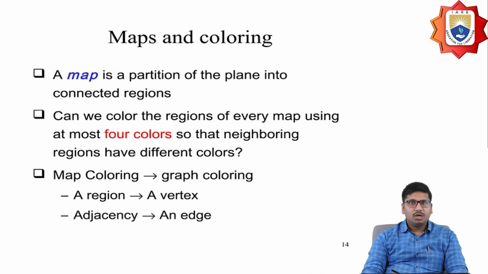Here you can color the regions of every map using at most 4 colors, such that neighboring regions have different colors. So map coloring is graph coloring, where the region is considered a vertex and adjacency is considered an edge.